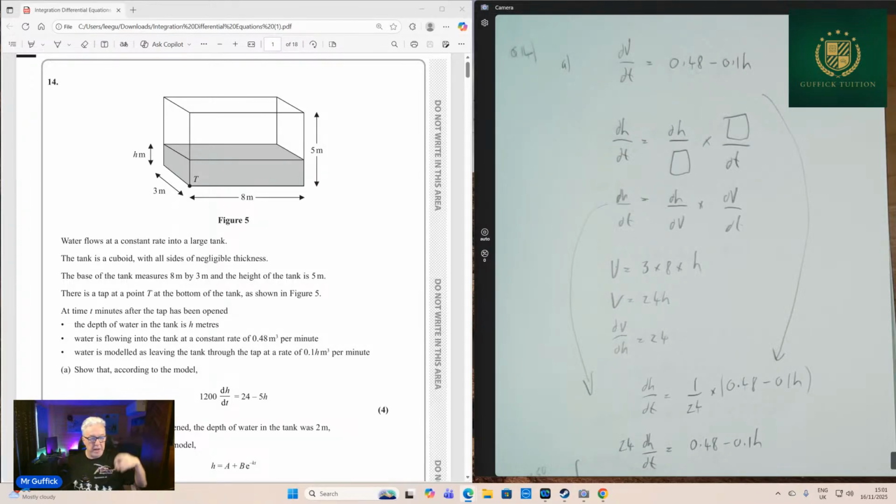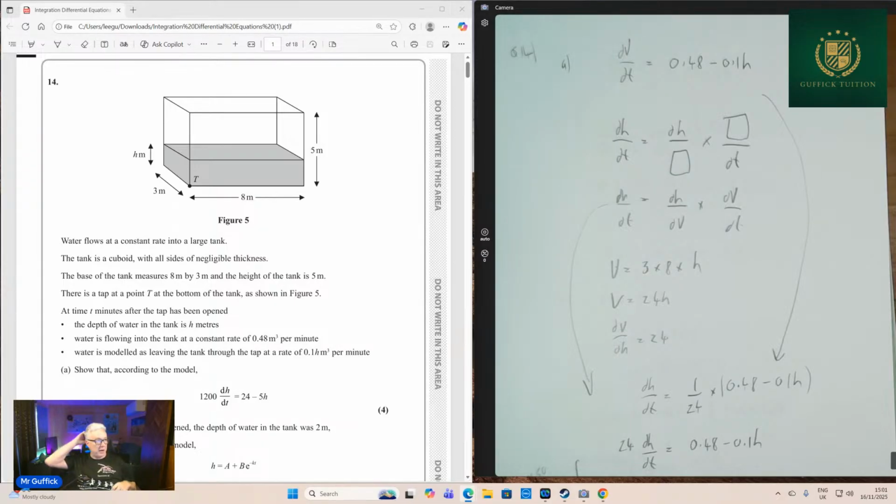At time t minutes after the tap has been opened, the depth of the water in the tank is h meters. Water is flowing into the tank at a constant rate of 0.48 meters cubed per minute, and the water is modeled as leaving the tank through the tap at a rate of 0.1h meters cubed per minute. Show that according to the model, 1200 dh/dt is equal to 24 minus 5h.